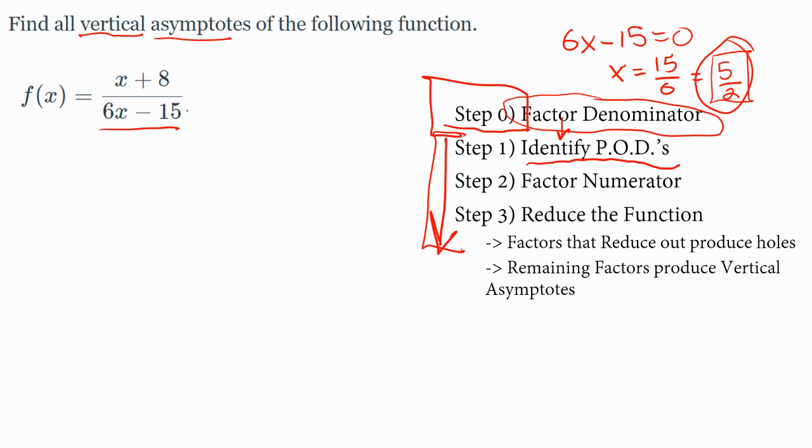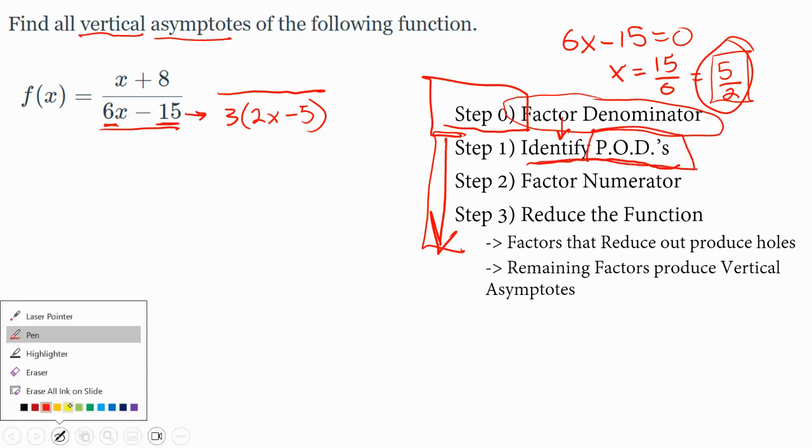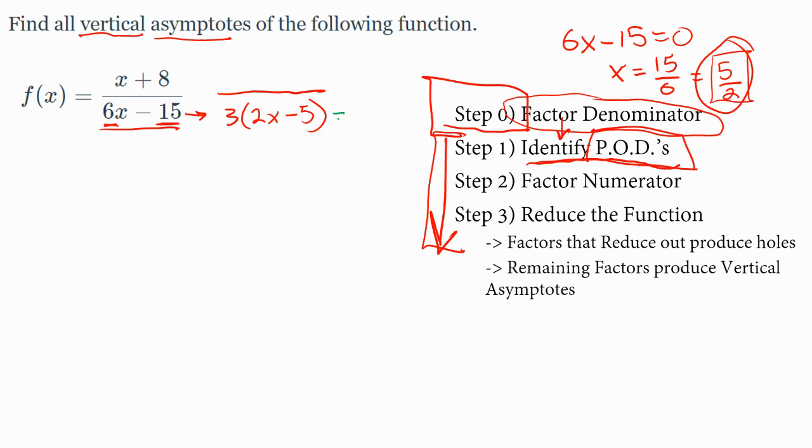Well, the best way to do this and have a systematic way of working it is to factor the denominator. So recognizing these have a 3 in common, I can factor out the 3 and make this 3 times 2x minus 5. So that's the denominator just factored. And now identify my point of discontinuity. Well, that just means to do the work I just did with this factored form, set it equal to 0 and solve.